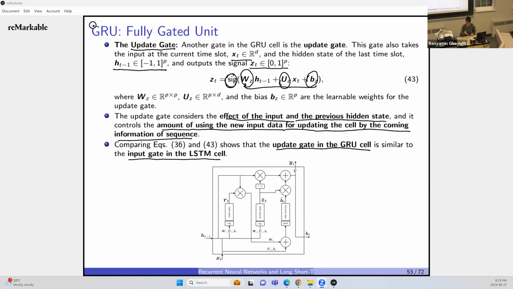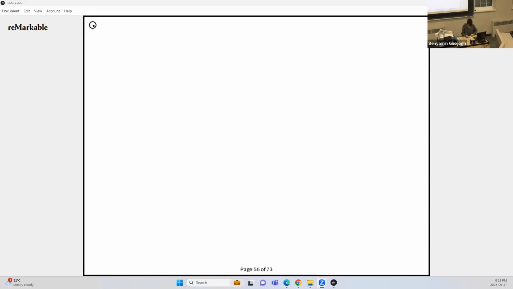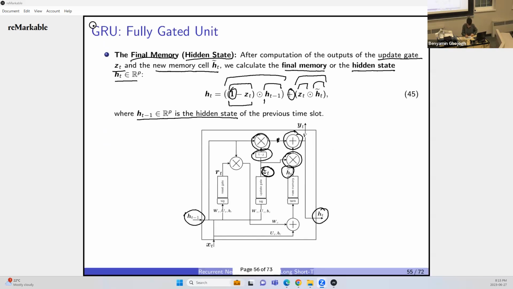ZT was called the update gate, okay? Therefore, 1 minus ZT can be seen as a forget gate, right? The more 1 minus ZT, the more I should use the previous data. Because the more ZT, the more update I have, the less I should use HT minus 1. This is the reason I'm using 1 minus ZT, okay?